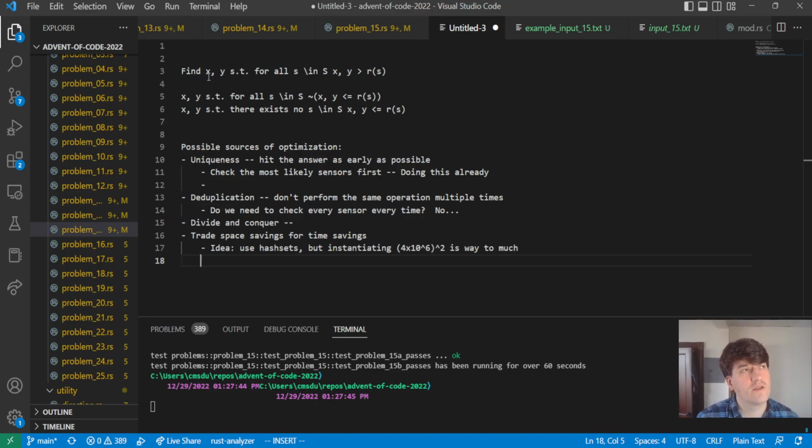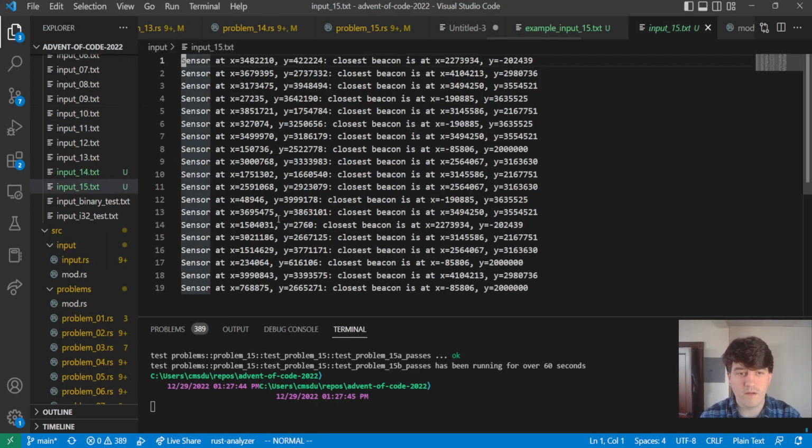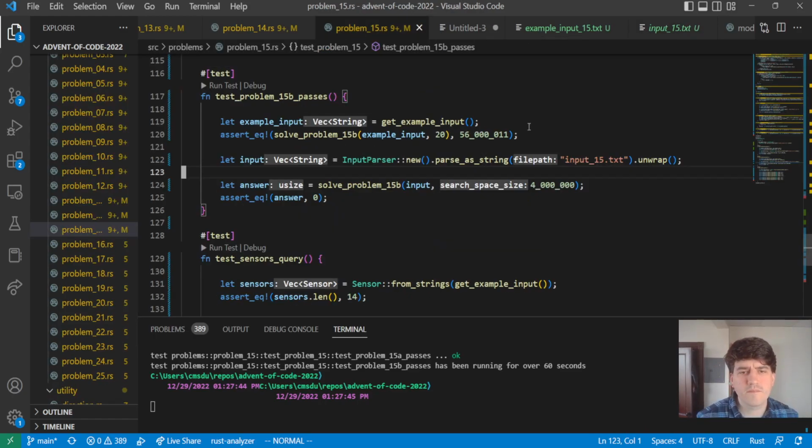Is there a way to, like, there are only 19 sensors. So even though it's over this huge space, 19 sensors, I don't know how many there are. There are not very many.